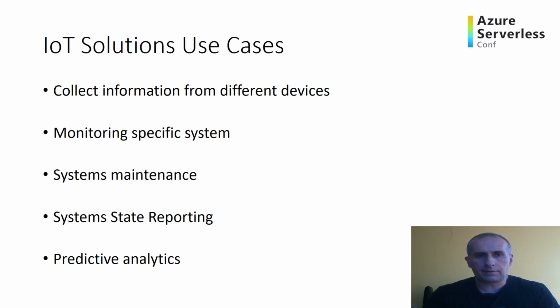We can have different situations where IoT is something which is very useful and necessary. It is when we collect information from different devices. It is possible also to use it for monitoring of specific systems, for systems maintenance, system state reporting, and predictive analytics.